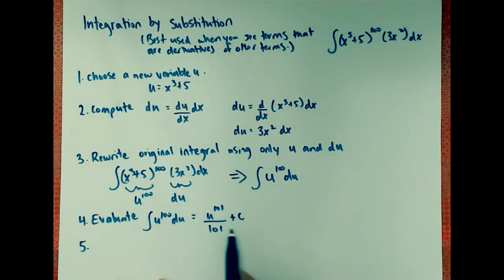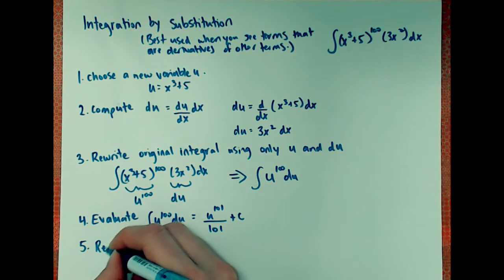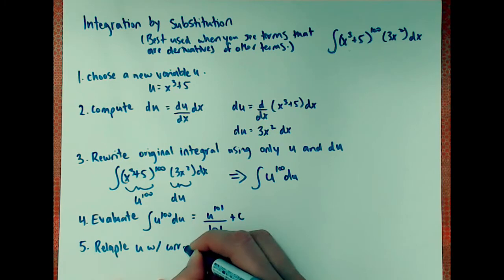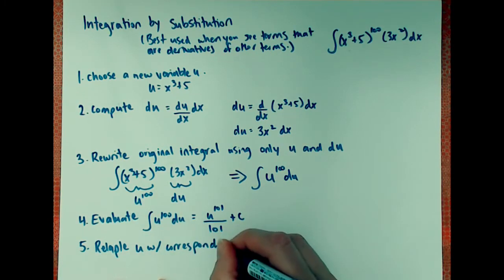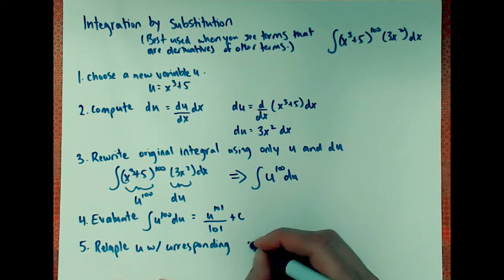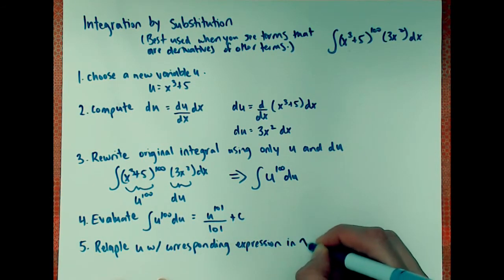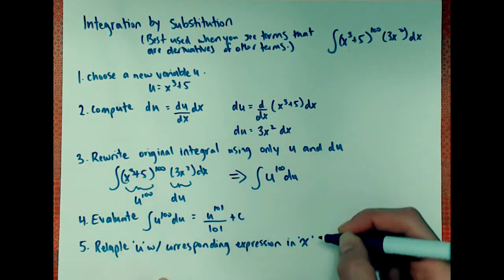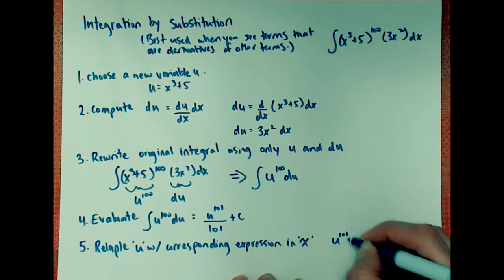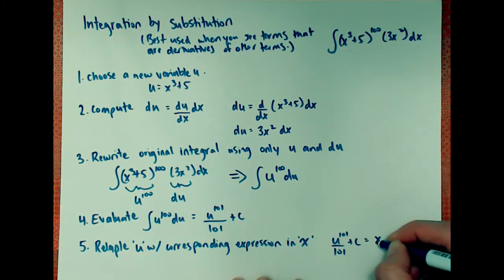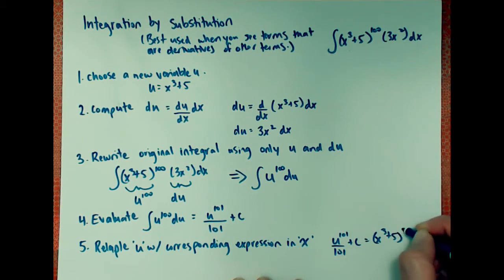So then u to the power of 101 plus c is equal to x cubed plus 5 to the power of 100 divided by 101 plus c.